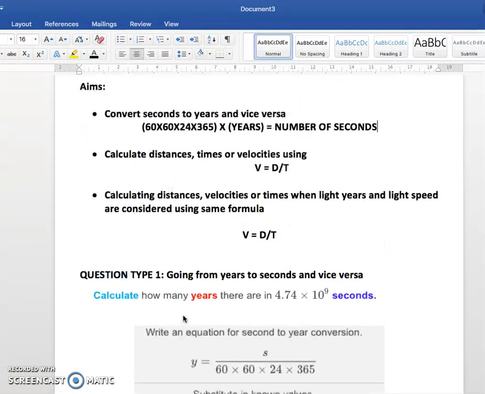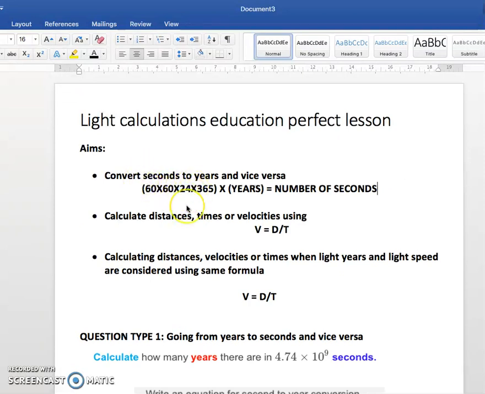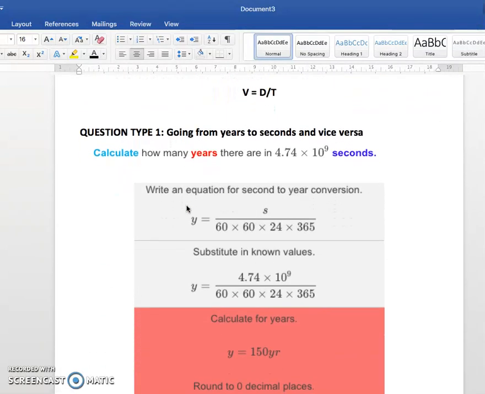Question 1 relates to converting seconds to years and vice versa. The question is here, and the answering in Education Perfect is here, and we're just going to work through that. Question 1 says, calculate how many years there are in 4.74 times 10 to the 9 seconds. So we're going to put in the information that we have. We know that this is the formula that's going to allow us to convert between years and seconds.